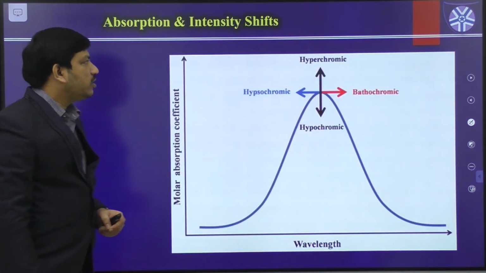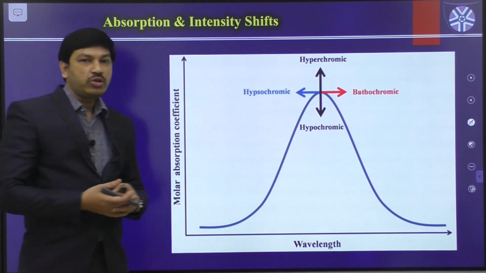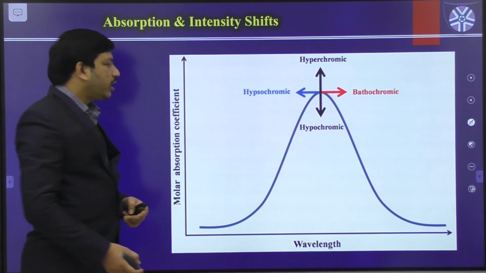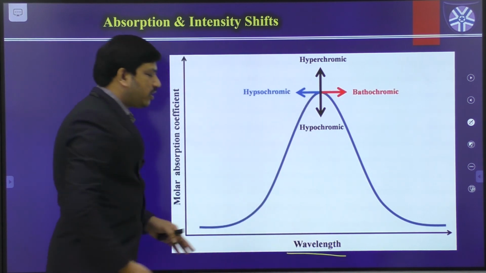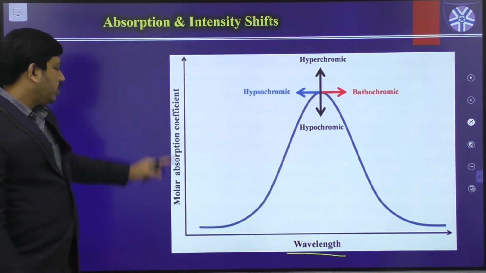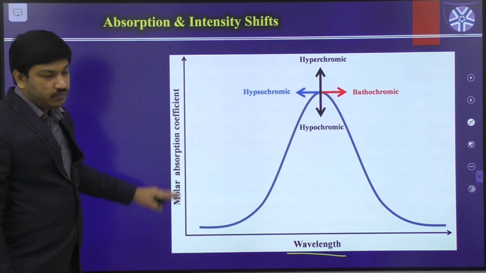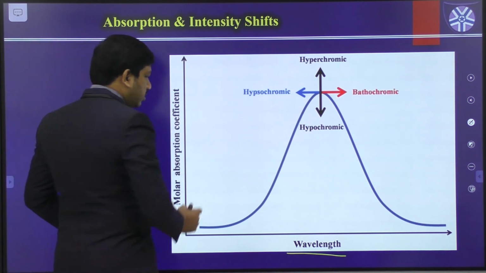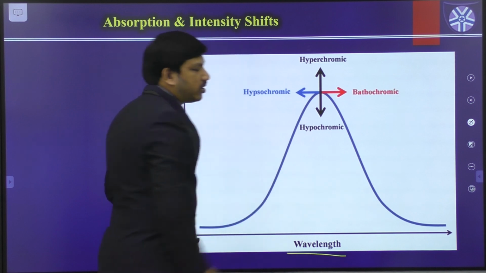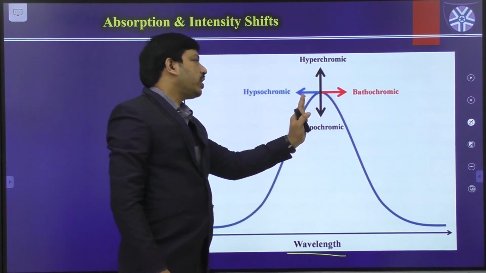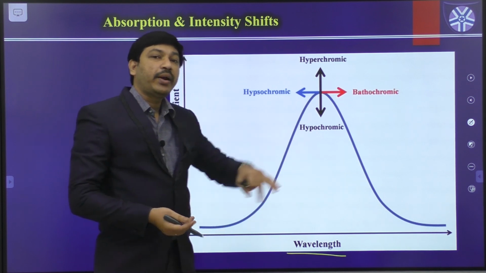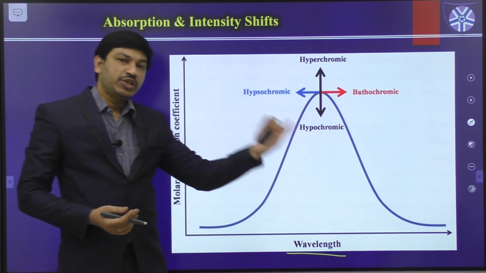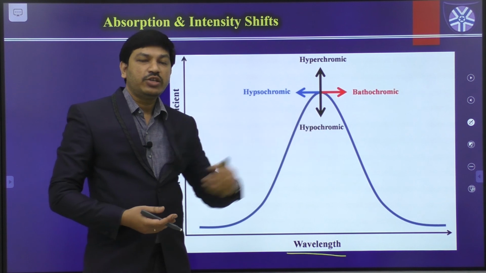So now let us see what shifts are possible in the case of absorption spectrum. Generally, the absorption spectrum is plotted between wavelength versus absorbance value, and you will get some kind of peaks like this. But these peak values always have some kind of shift because of the presence of auxochromes or extension of conjugation or any additional groups.